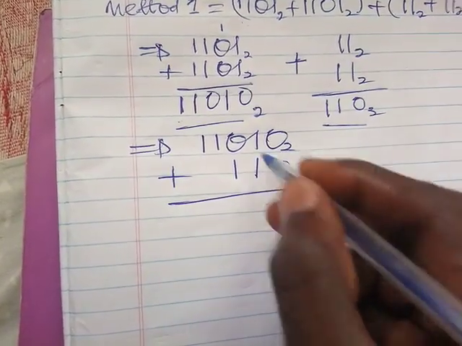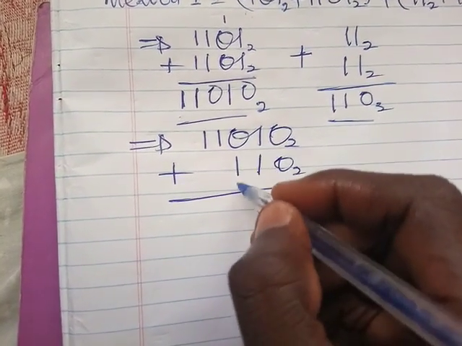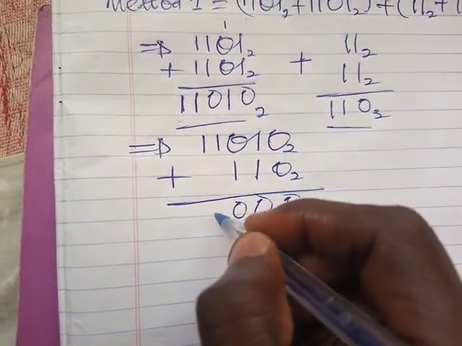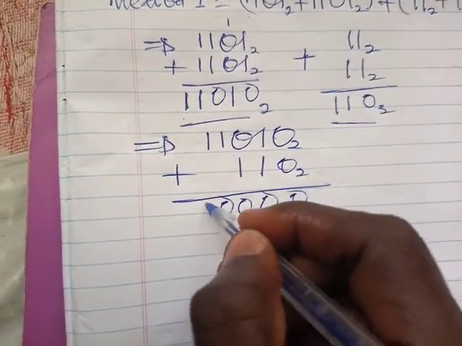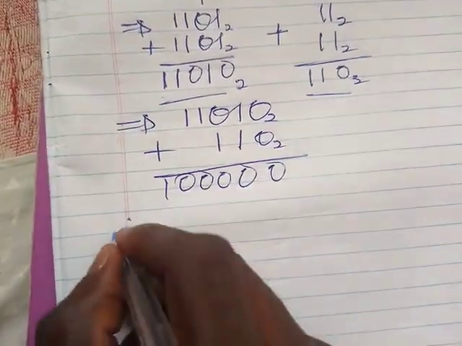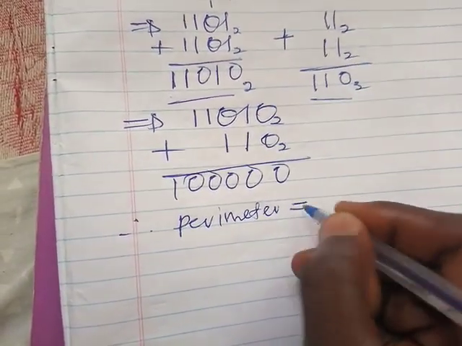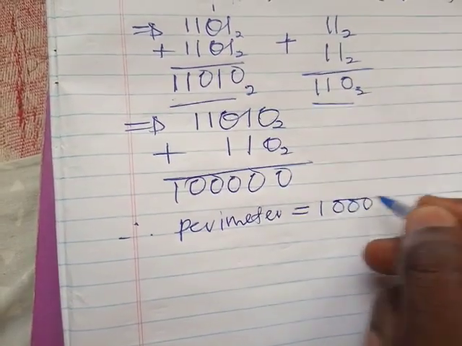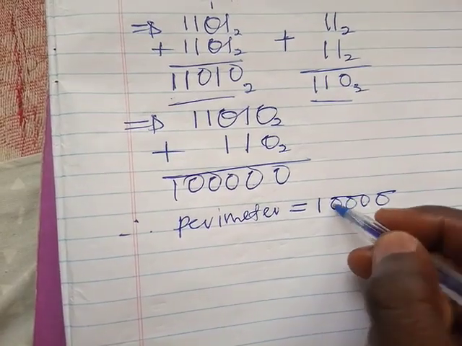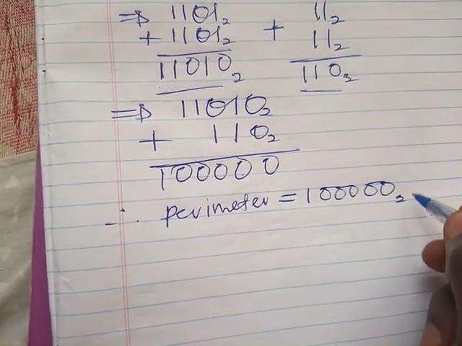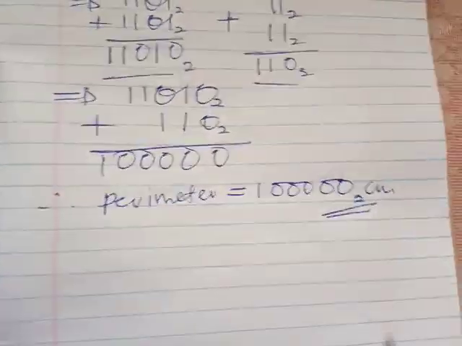So 0 plus 0 is 0, 1 plus 1 is 2, you can write 0, remember 1, making 2 here again, so 0, remember 1, making 2 here again, so 0 1. So therefore the perimeter is giving us 100010 base 2. This is the perimeter.